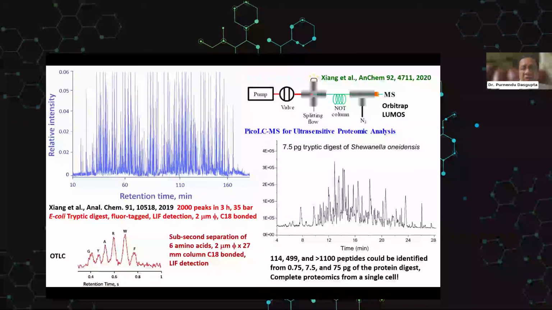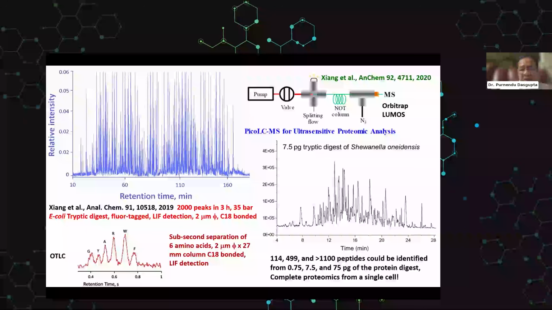The column is 2 micron in diameter, and inside was coated with C18 functionality. And if you push this in simple small molecule separations, these are 6 amino acids that are being separated under 1 second.